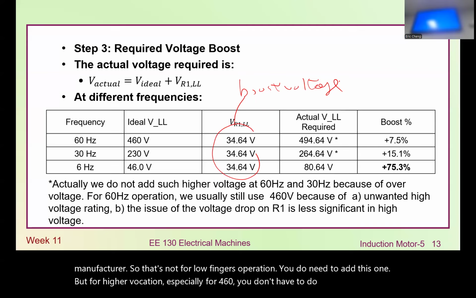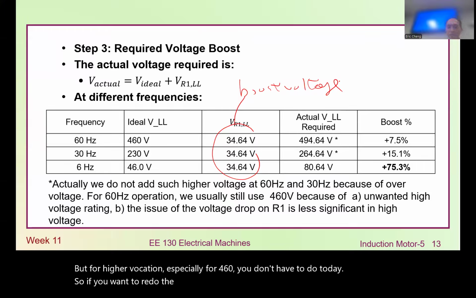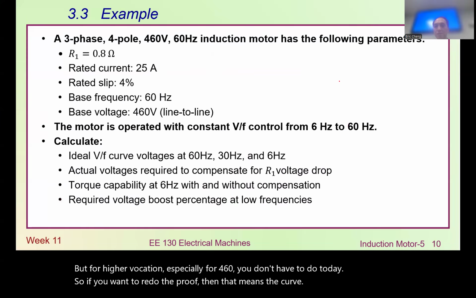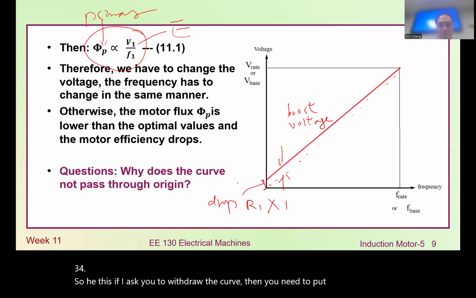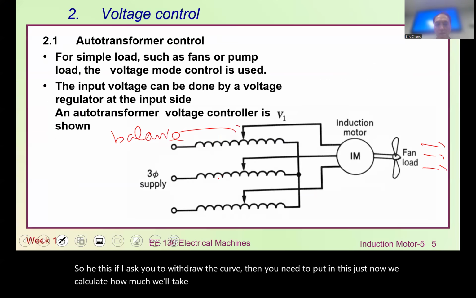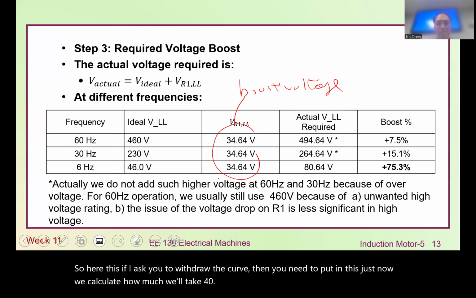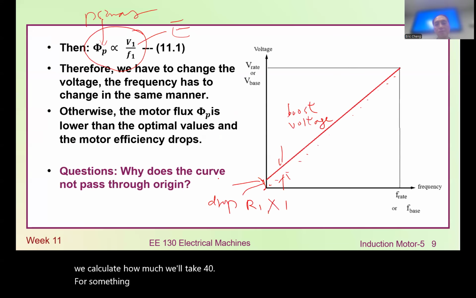So if I ask you to redraw the curve, you need to put in what we just calculated, how much voltage, forty-something volts, 34 volts. You need to add 34 volts here, away from the origin, and then join a straight line to this point.